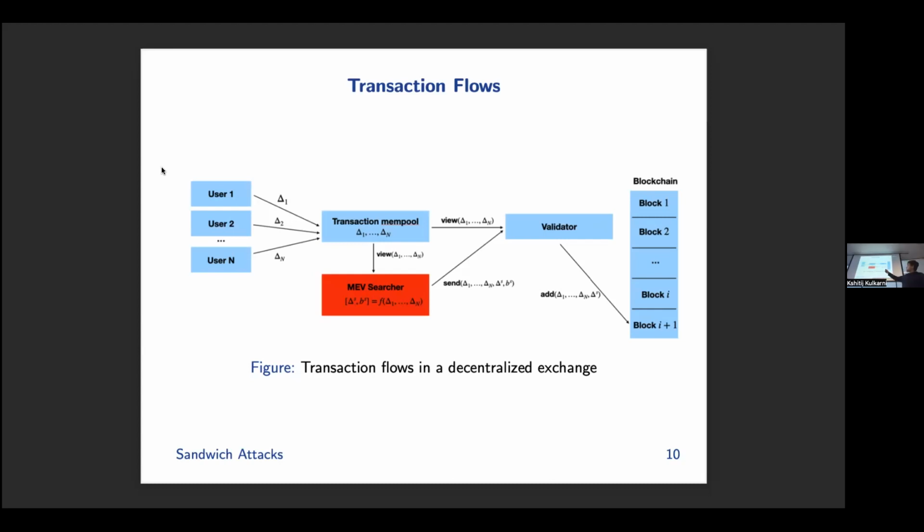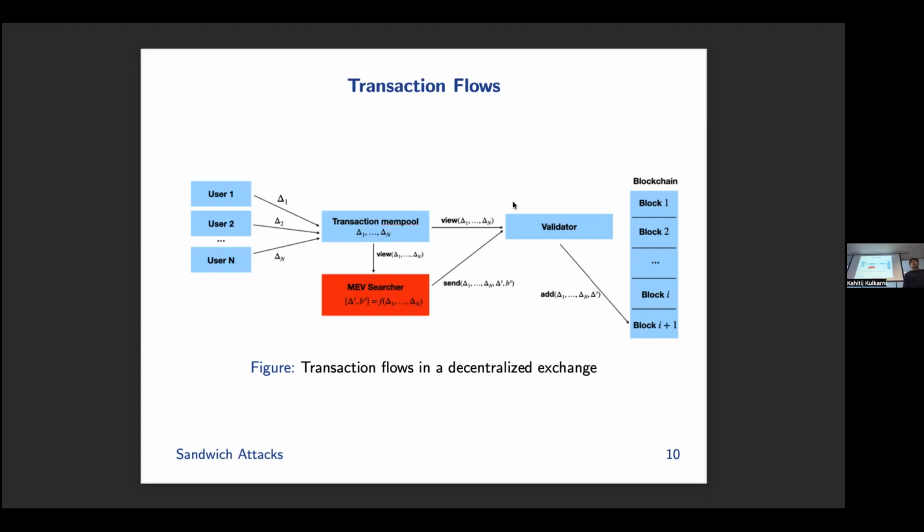Their transactions get pooled into the mempool, which you can think of as a waiting area where all the transactions sit. Now these transactions have to get added to a blockchain, so you need to verify them and add them. That job is assigned to an entity called the validator.